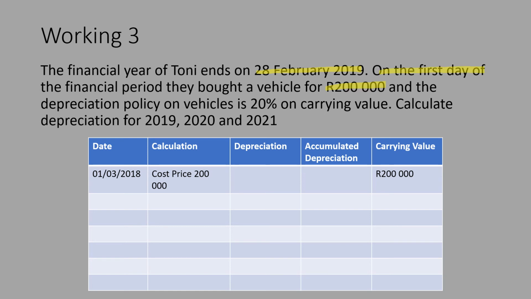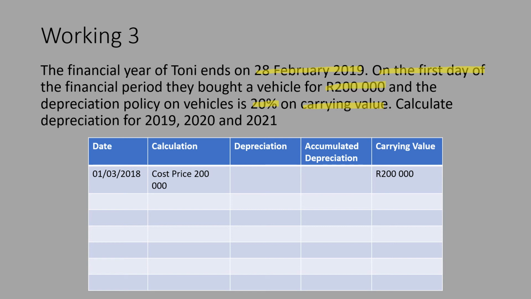And the depreciation policy on vehicles is 20%. Right now, they're asking for the carrying value. Calculate depreciation for 2019, 2020, and 2021. You would be glad to know that the first year depreciation you calculate is the same as straight line.